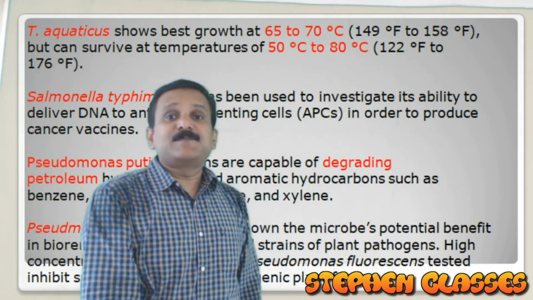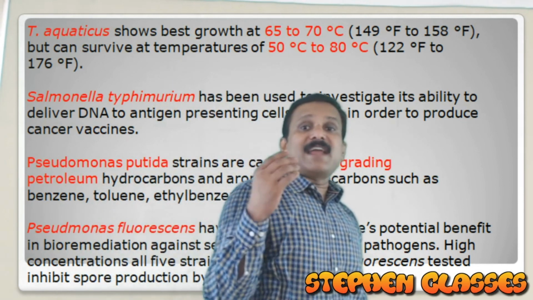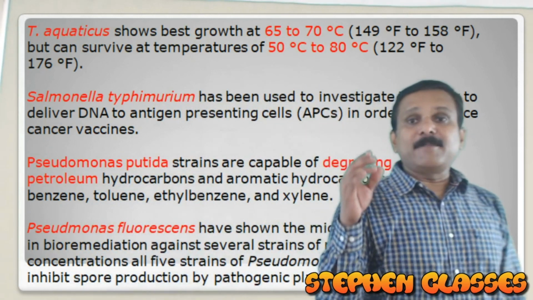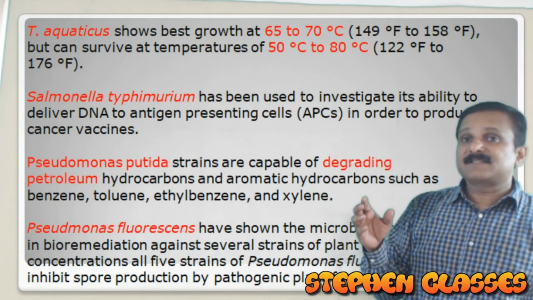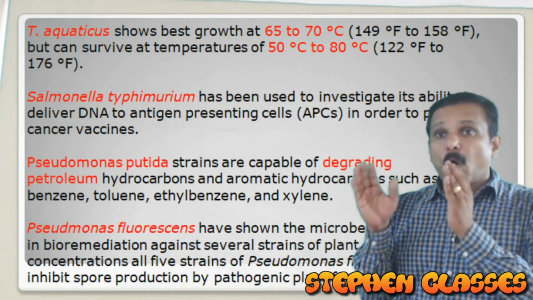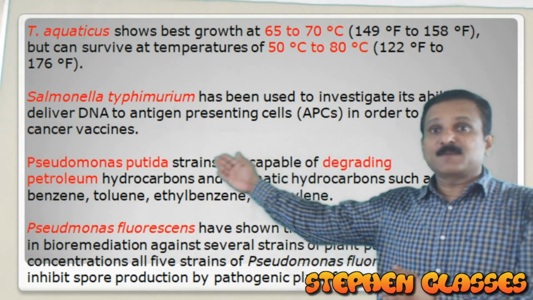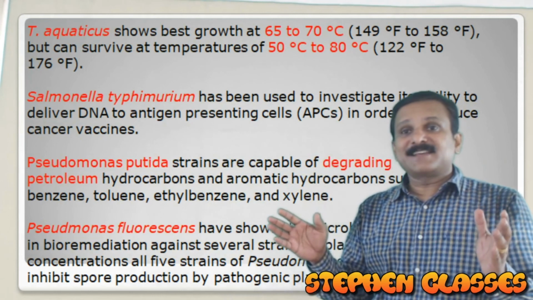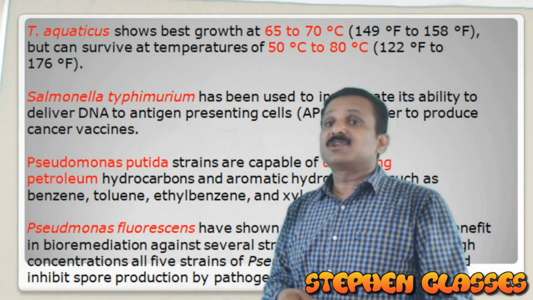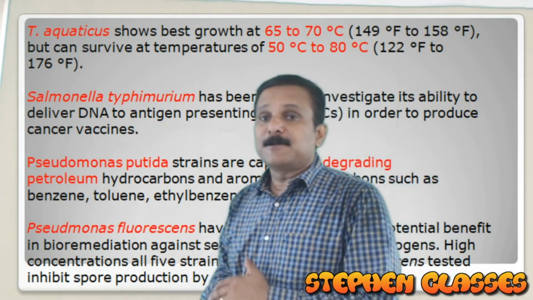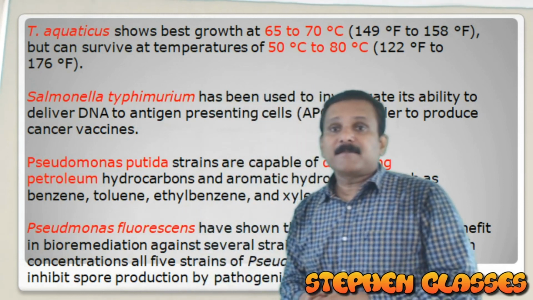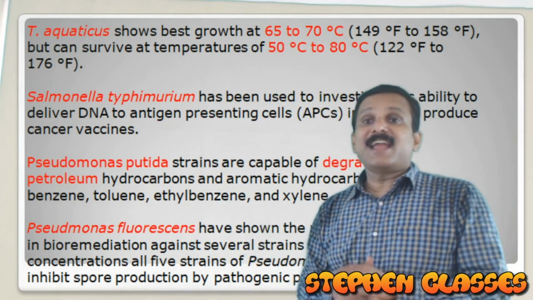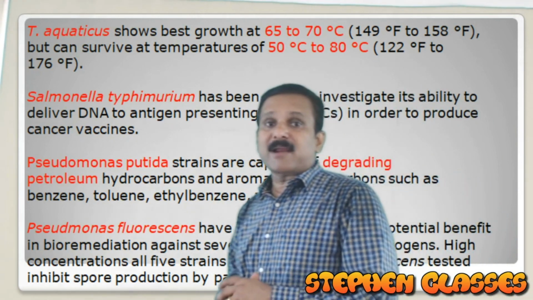What about Pseudomonas putida? These strains are capable of degrading petroleum hydrocarbons, they can digest the hydrocarbons. So we can use Pseudomonas putida to clean oil spills. And what about Pseudomonas fluorescens? We use this in agriculture because it has some ability of bioremediation.